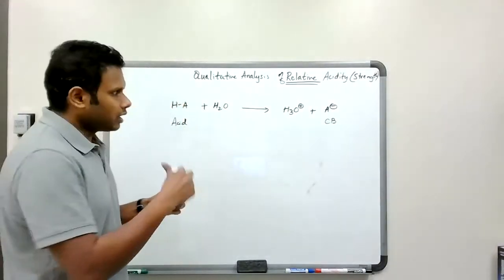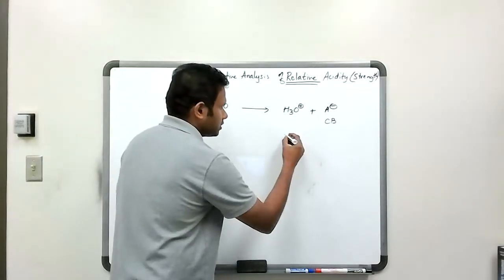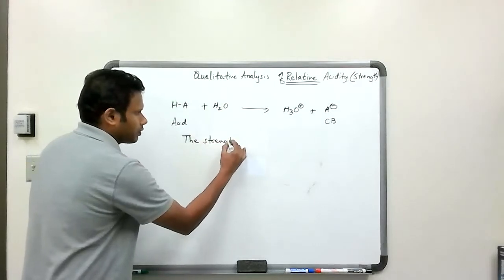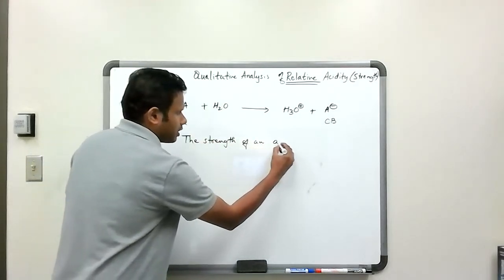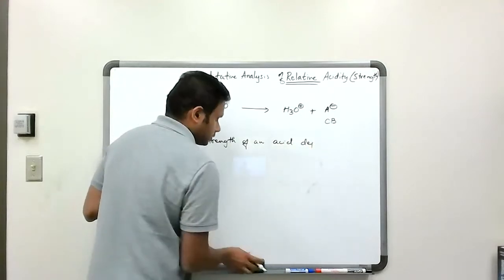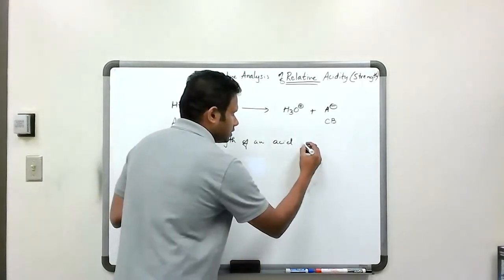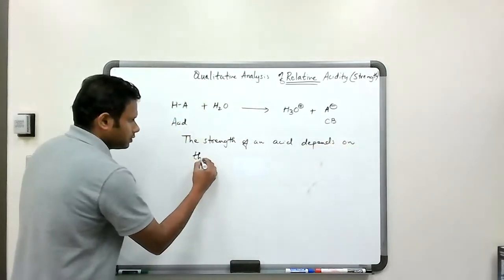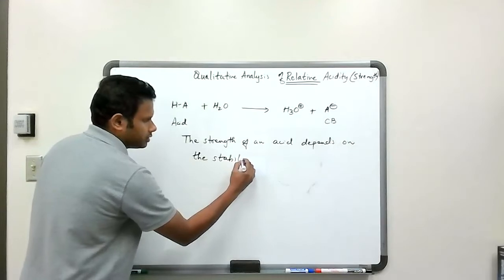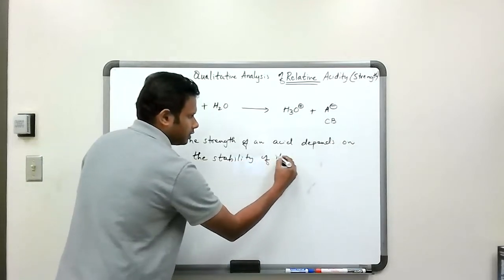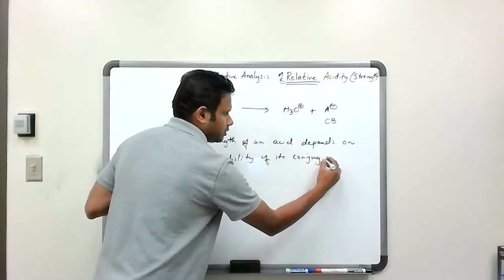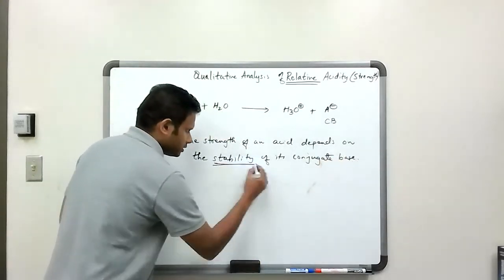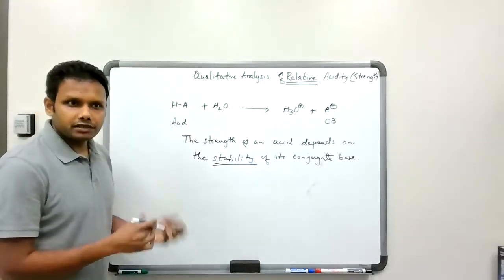Okay, so I'll write this down. What I'm trying to say here is the strength of an acid depends on the stability of its conjugate base. Stability, that's the key here. The conjugate base has to be stable.